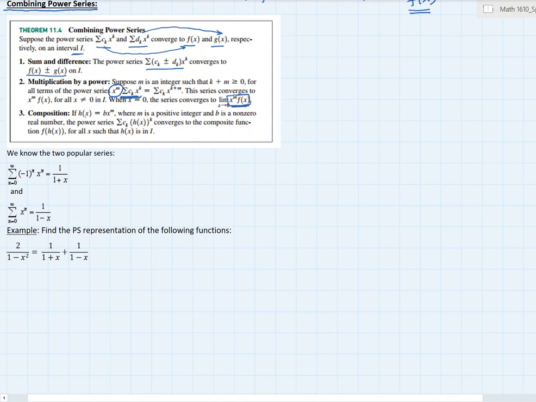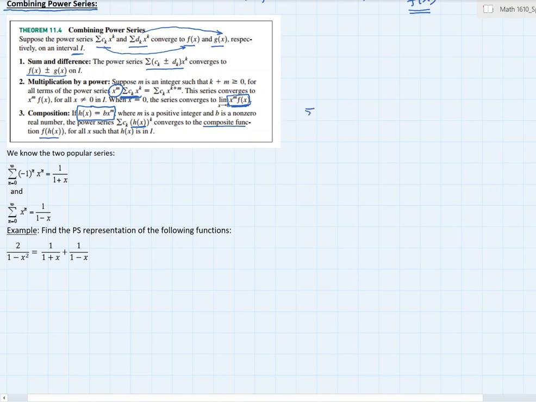The next one is the composition. So suppose you have b times x to the power m is a function h of x. Then if you take the power series and instead of x you write h of x, then it converges to the composite function f of h of x. So what it basically said is this.